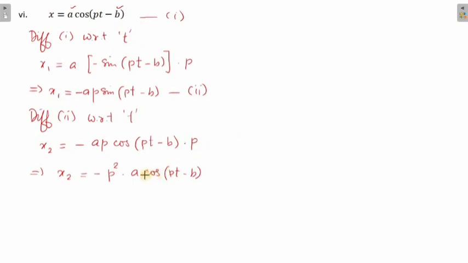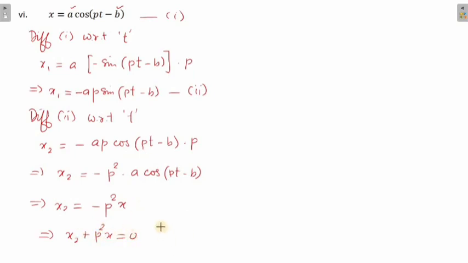From equation number 1, this part is nothing but x, isn't it? So we get x2 equals minus p square x. Bringing this to the left, you get x2 plus p square x equals 0.